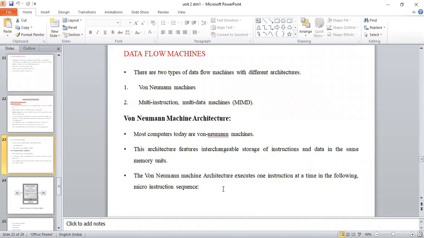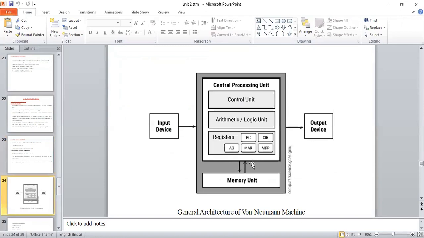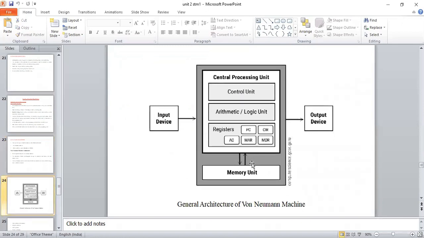In the von Neumann machine, multiple instructions are not executed at one time, whereas MIMD executes multiple instructions at a time. These are the basics of the von Neumann machine, which every student learns in first year in fundamental computer systems.